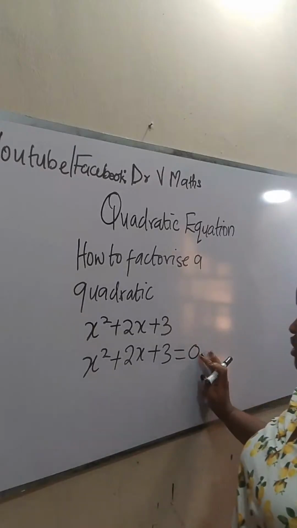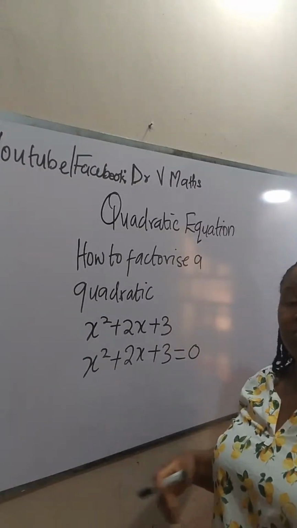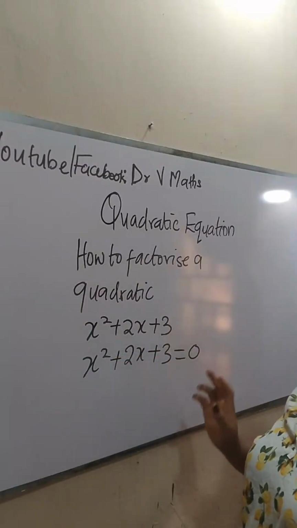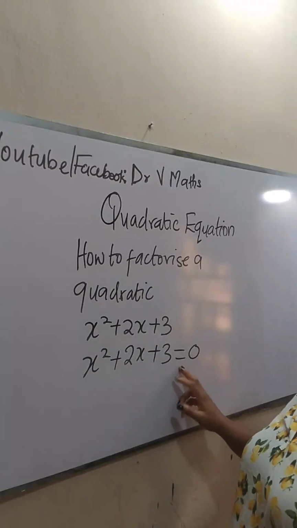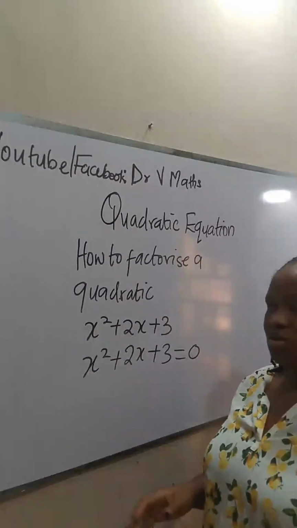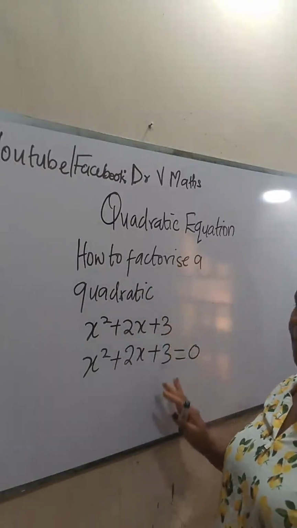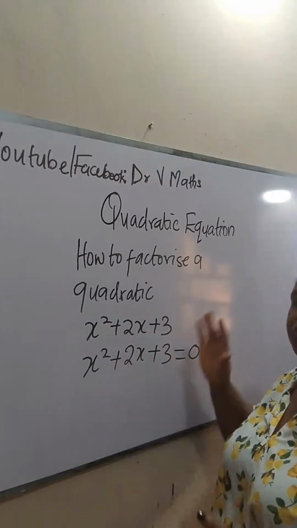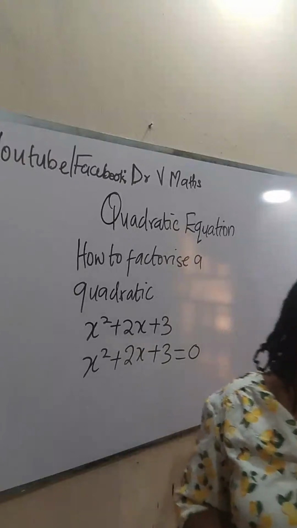The difference between the two is the equality sign. The equality sign makes an expression an equation. So when you have it without an equality sign, it is just a quadratic, but when you have an equality sign, you call it a quadratic equation. So now we want to learn how to factorize a quadratic, because you need it before you can know how to solve a quadratic equation perfectly. So let me show you how to do it.